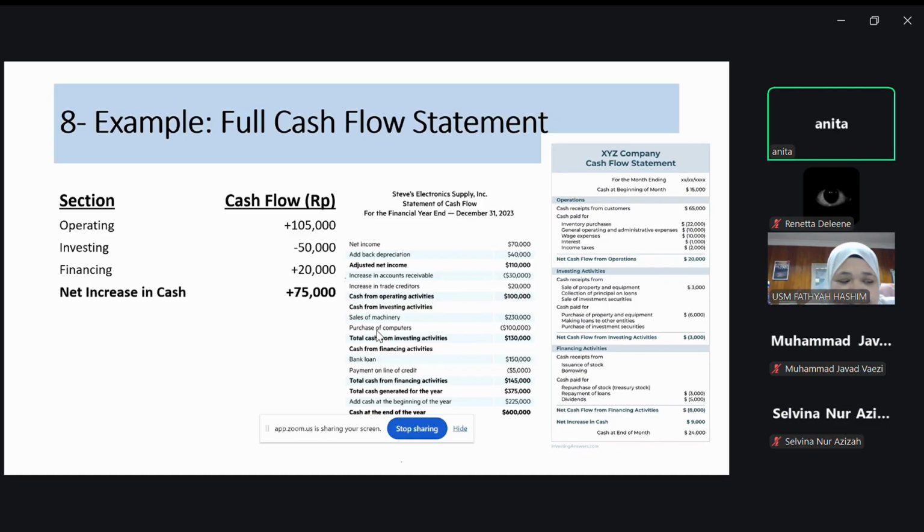Students, you can choose whether it is Steve Electronics Supply Incorporation or XYZ Company. Which company, on the left side or the right side? Steve or XYZ? Left or right?